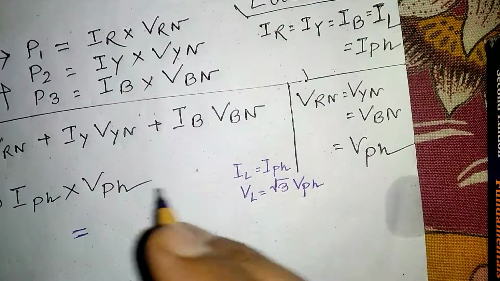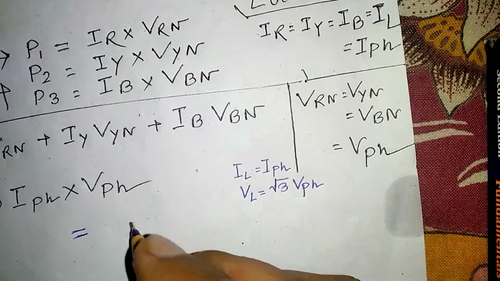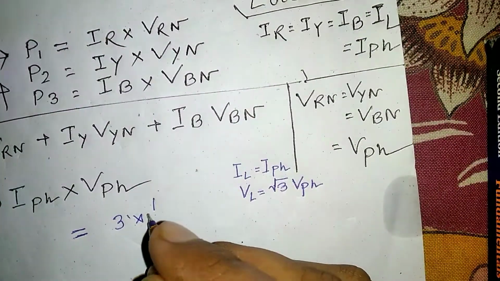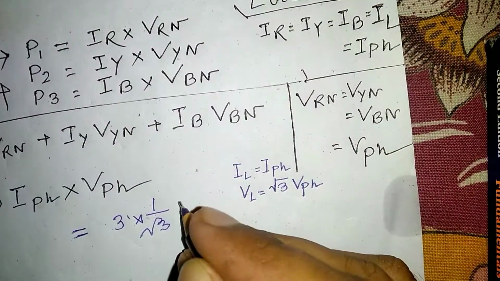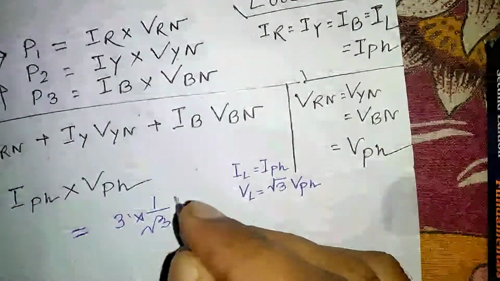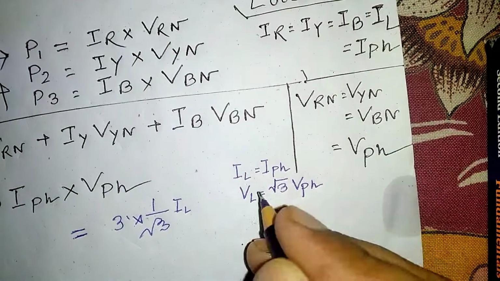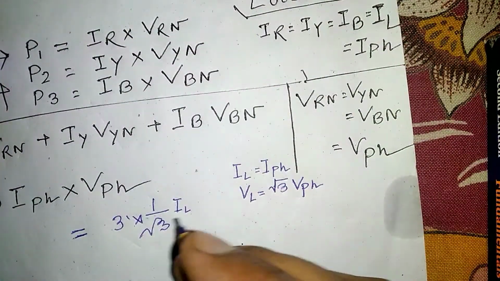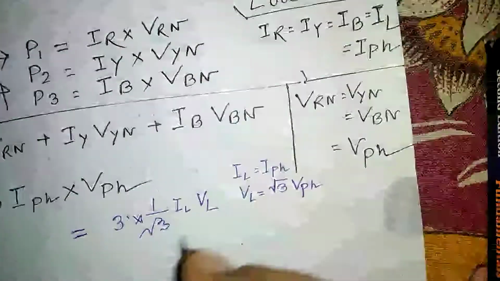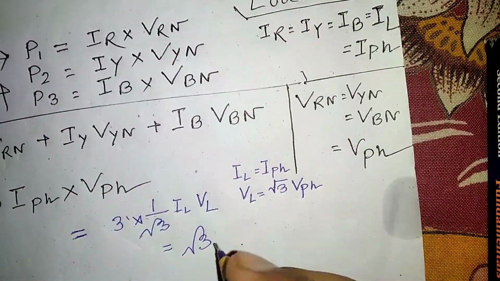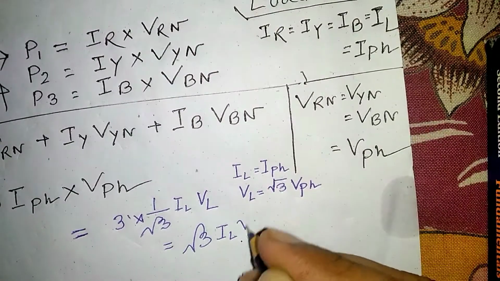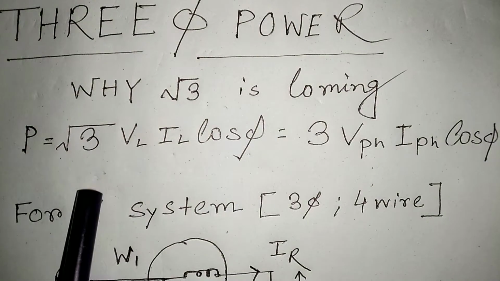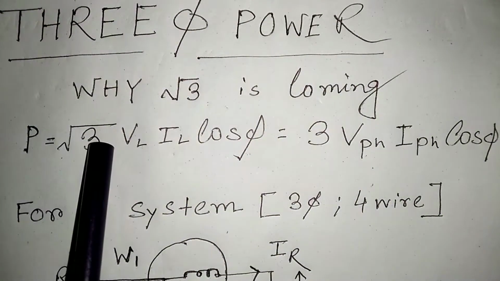So 3 multiplied by 1 by root 3, IPH is IL and VPH is VL by root 3. That gives root 3 IL VL. This is the equation. Hence we proved where this root 3 is coming from.